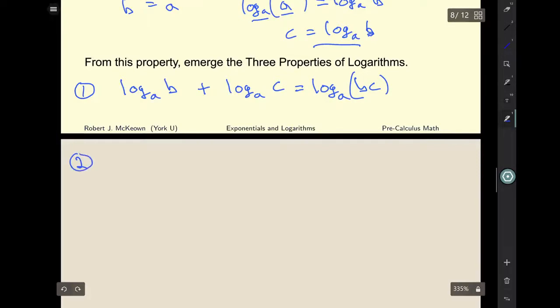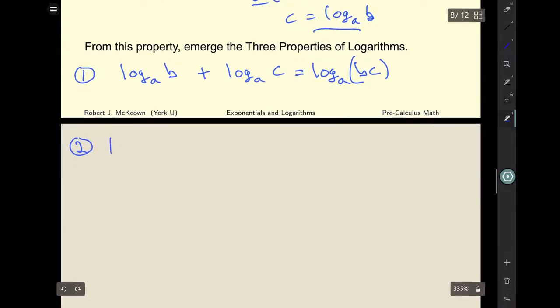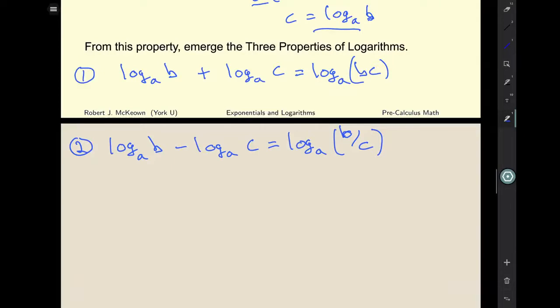Rule 2, very similar to rule 1. Log base A, B minus log base A, C is equal to log base A, B divided by C. Now let me give you an example for number 1.